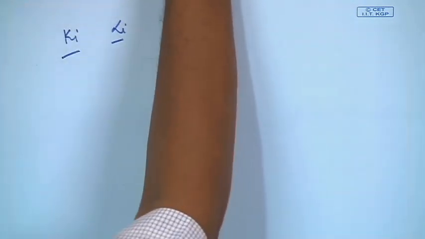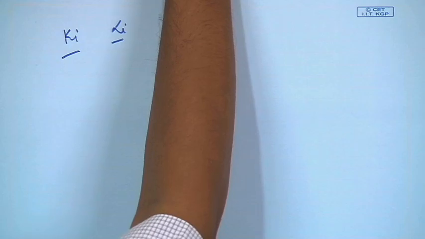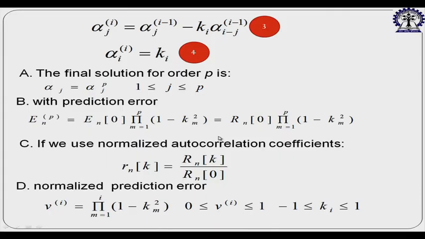Sometimes, if the magnitude of the speech signal changes, then the R value will change and the autocorrelation coefficient may change slightly. So, for normalized autocorrelation, I can normalize the correlation values with respect to R0.